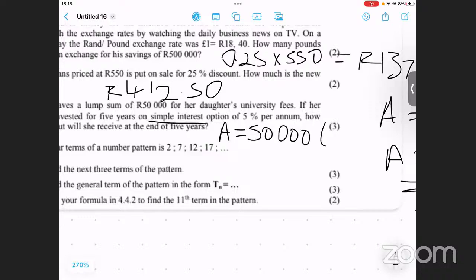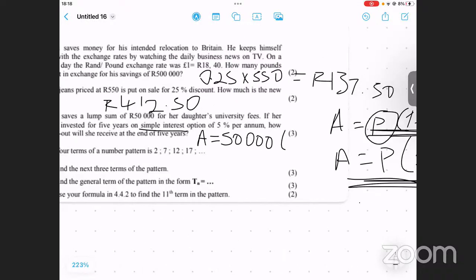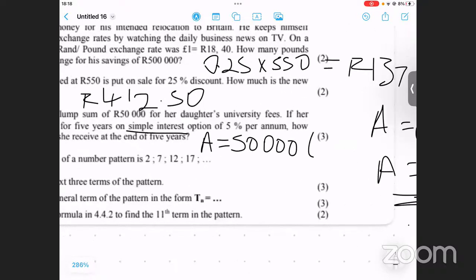Our I is gonna be the 5%, so 1 plus 0.05, that is 5%. And our N is the number of years, which is 5.